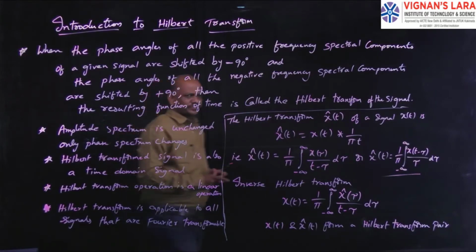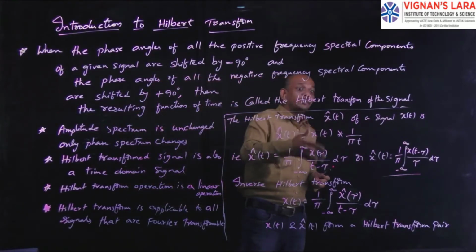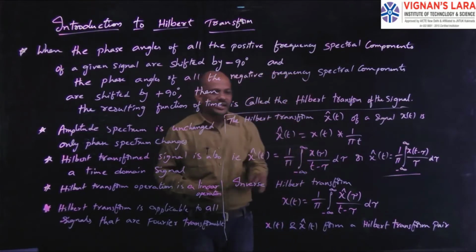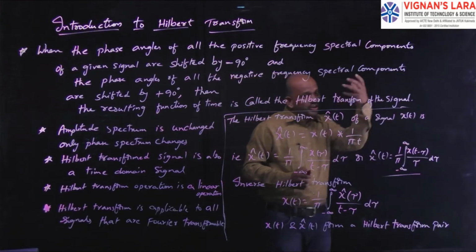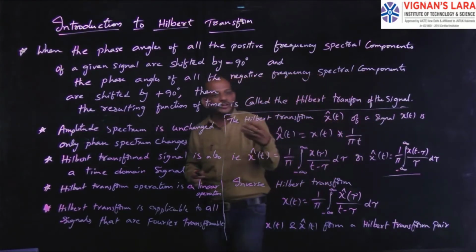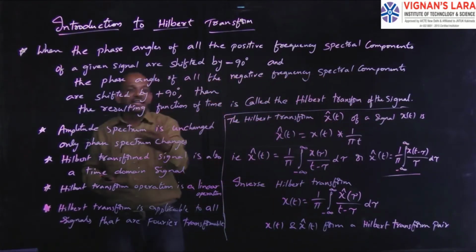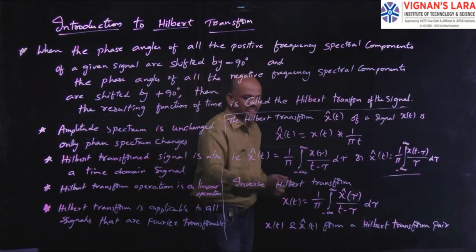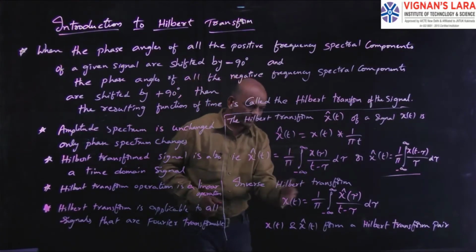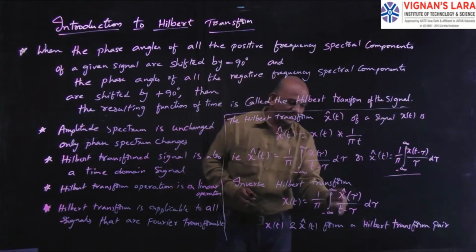So from this I can go for inverse Hilbert transform also. That is, whenever they have given the Hilbert transform function, from that I can find out the original function x of t also. So how can I find out the original function x of t? By using the inverse Hilbert transform. So the formula for inverse Hilbert transform is x of t, the original function, will be equal to 1 by pi integral minus infinity.